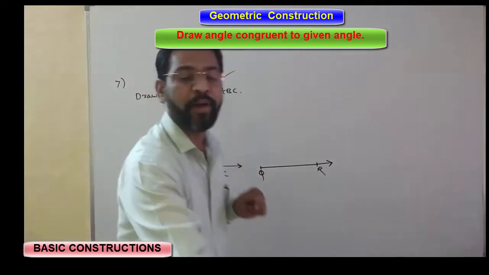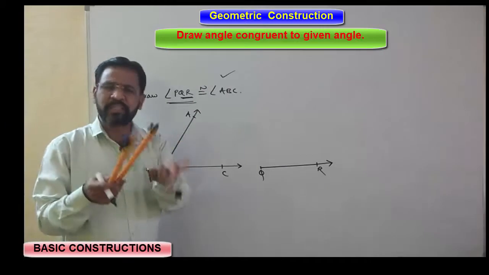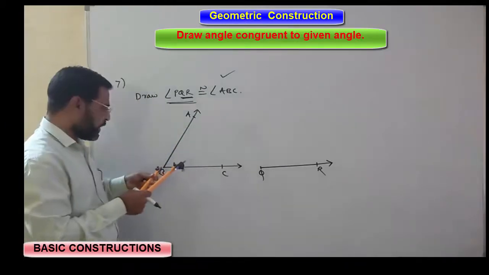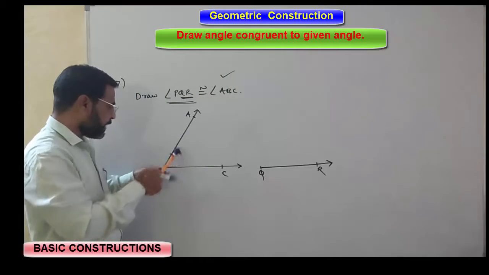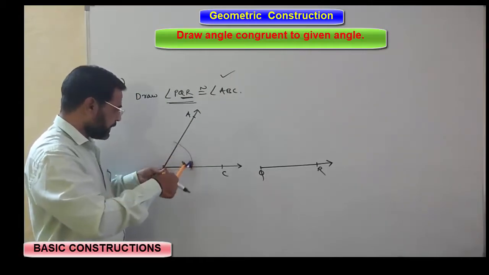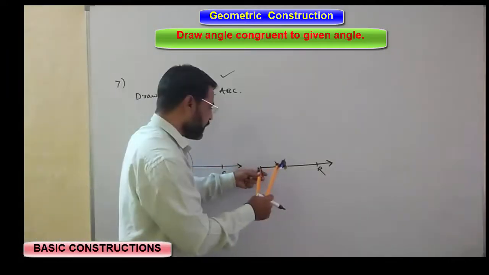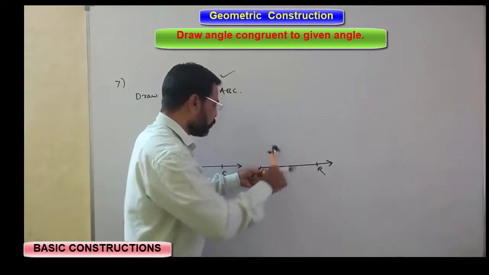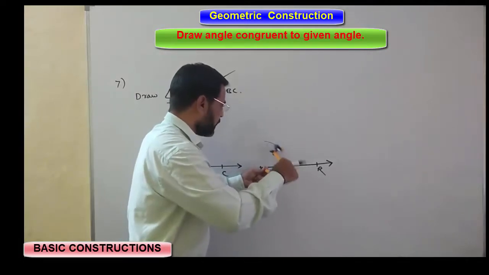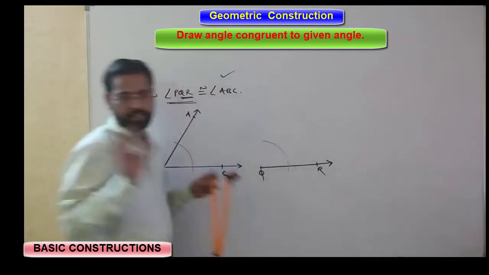By compass, we have to draw that. Take some distance in the compass. Put it on B and draw one arc here, like this. Okay, by the same distance, from Q draw on this side. Friends, this is a very, very important construction.